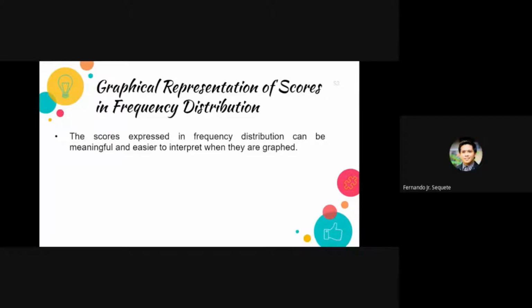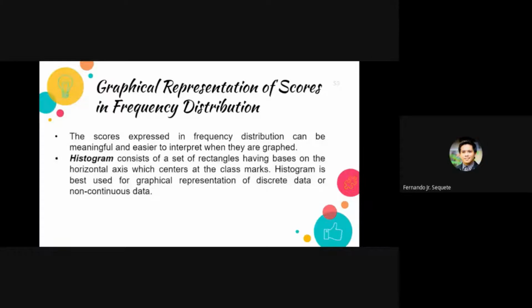When you are writing your thesis proposal and even your thesis, it is better understood if you translate those numbers into graphical representation. Why? You can actually see pictures, and if you can see pictures, you can understand better. And then you can see trends. That's the main point why we are doing graphical representation: to easily understand the data.